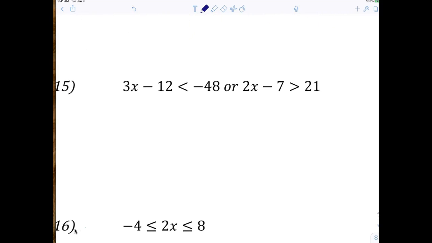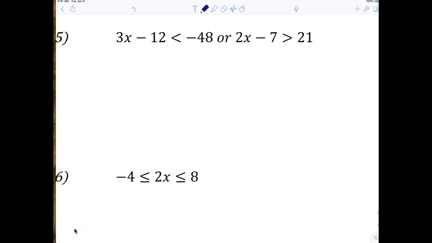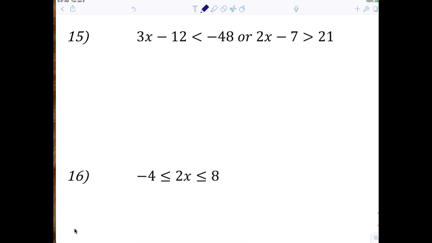All right, here we go. Now for question number 15, add 12 to both sides. So we get 3x is less than -36. Divide by 3, x less than -12.